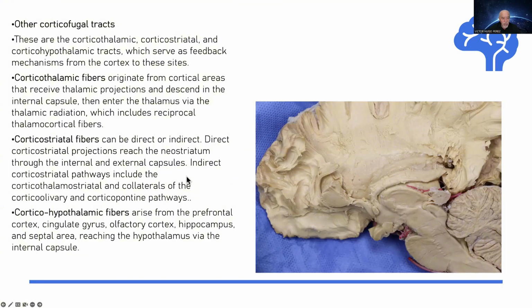Indirect corticostriatal pathways include the corticothalamo-striatal and collaterals of the cortico-olivary and corticopontine pathways. And the last is the corticohypothalamic fibers that arise from the prefrontal cortex, cingulate gyrus, olfactory cortex, hippocampus, and septal area, reaching the hypothalamus via the internal capsule. So here we have the hypothalamus, and here we have the optic chiasma and the anterior commissure. So let's go to next.